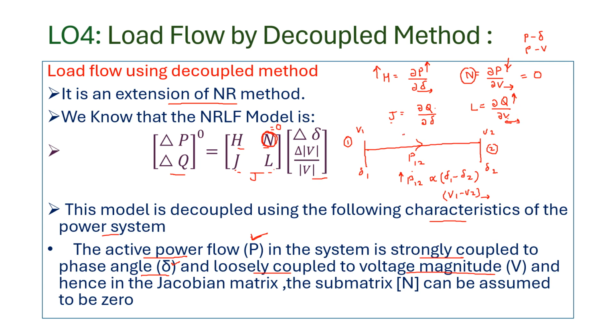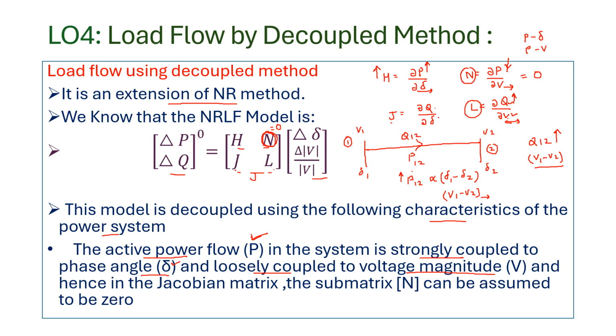Suppose there is reactive power flow Q12 from 1 to 2, and V1 minus V2 is the potential difference. Even a small change in the voltage difference will change Q12 enormously, and then we say that Q and V are strongly coupled. So there will be an existence of elements of the L submatrices.